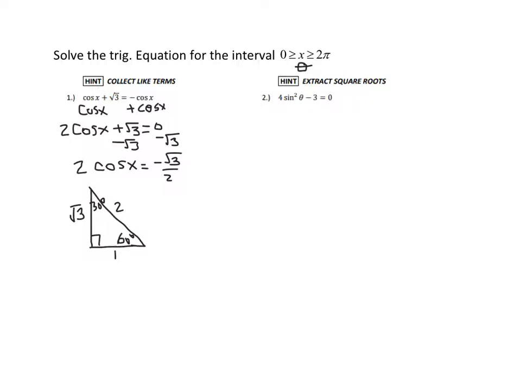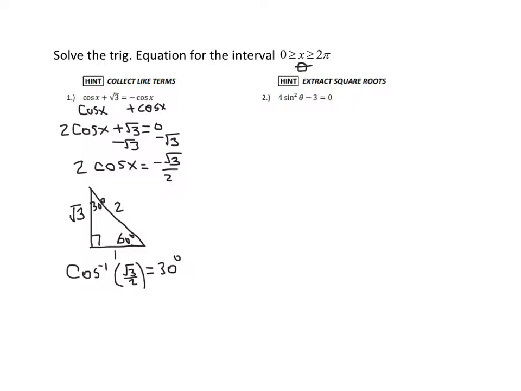So I go back here and write cosine inverse of square root of 3 over 2 is equal to 30 degrees.